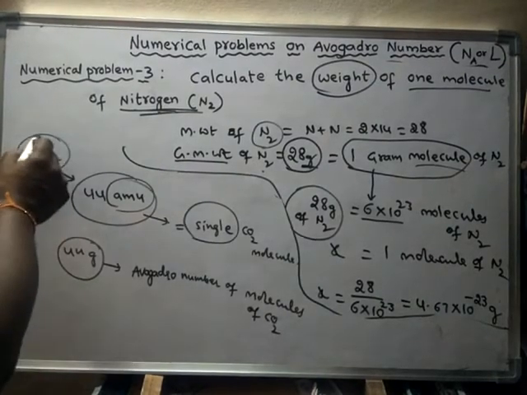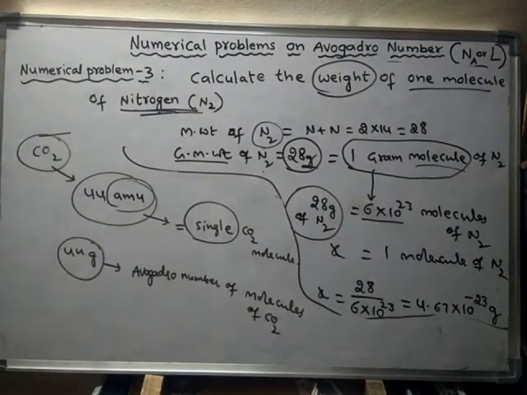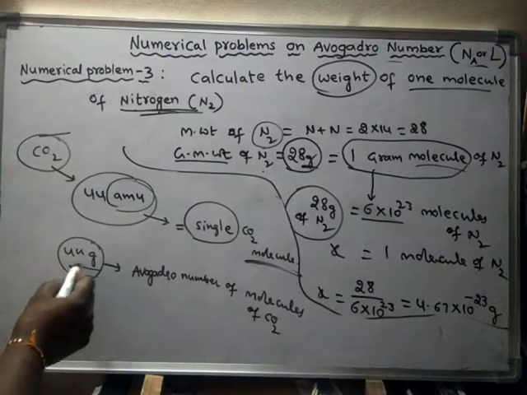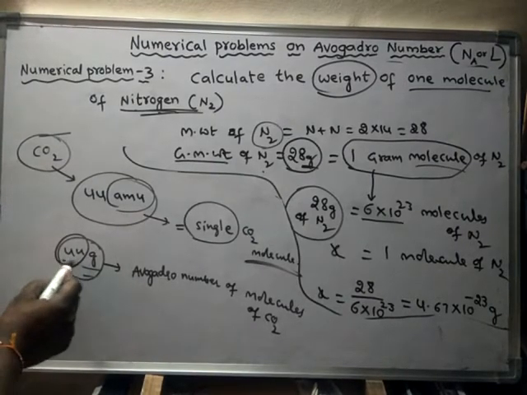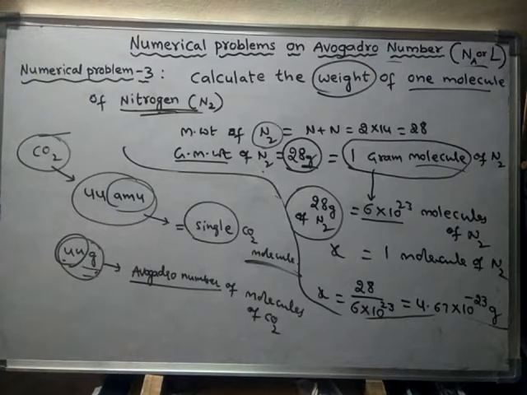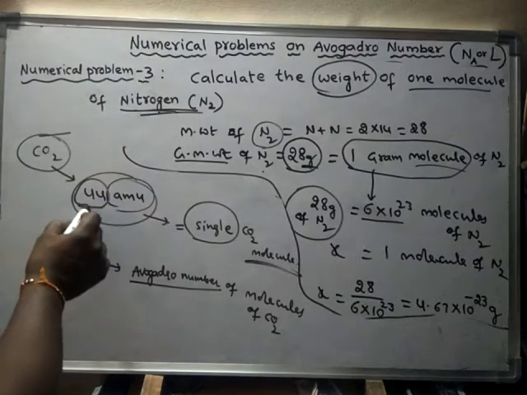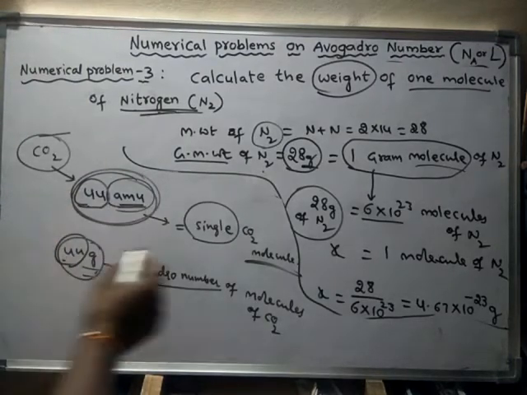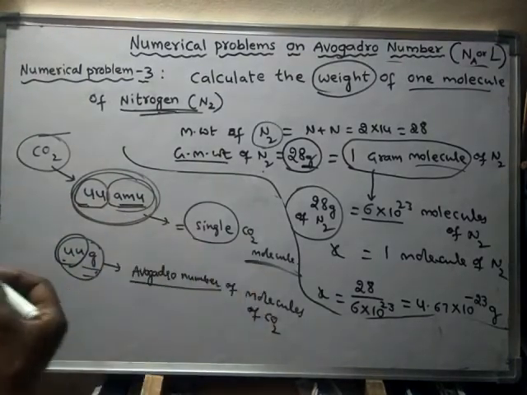Here carbon dioxide is not an atom, it's a molecule, hence we used molecule. If I write grams along with the molecular mass, then it is equal to the mass of Avogadro number of molecules. Along with molecular mass, if I write AMU, then it indicates that this mass is nothing but the mass of a single molecule of CO2.